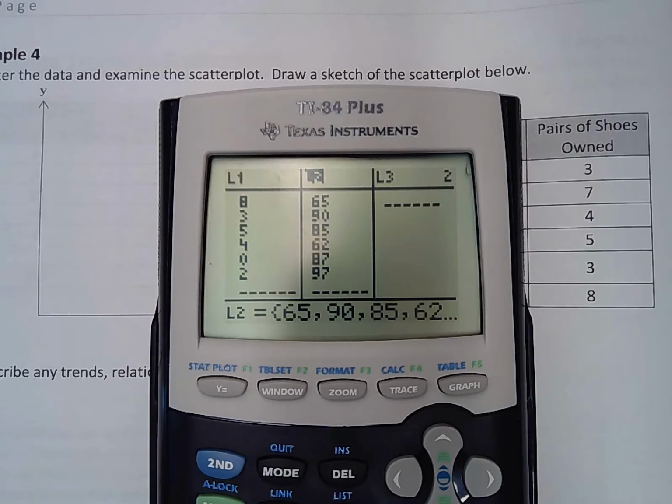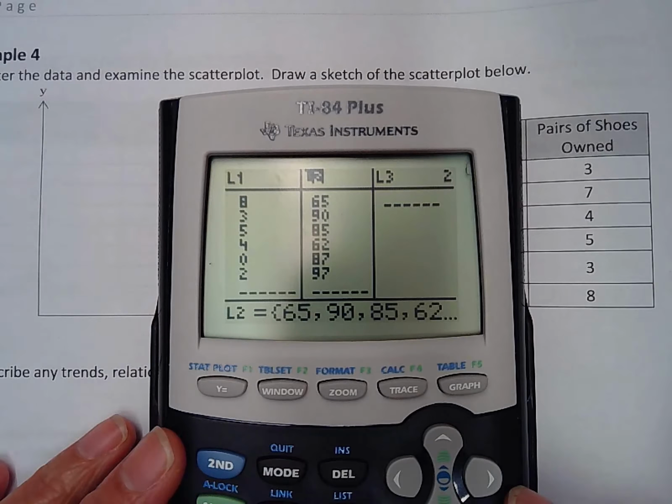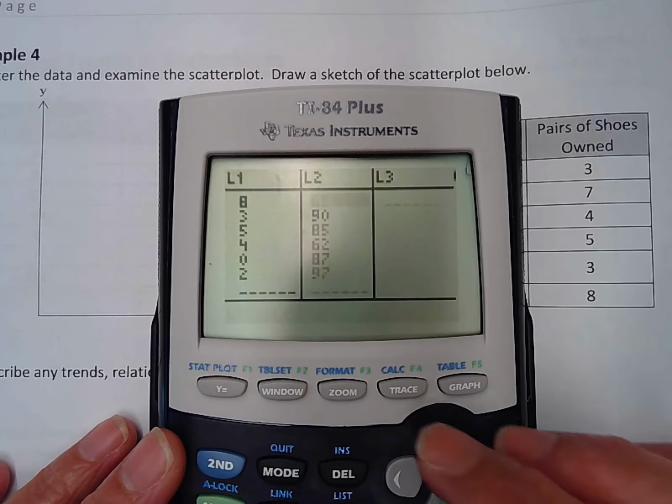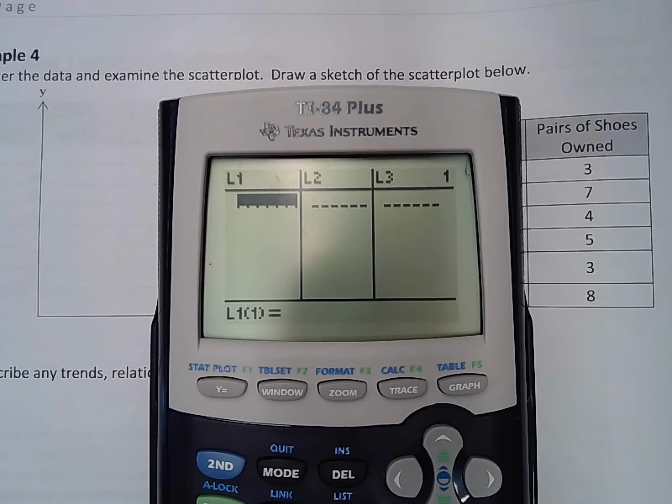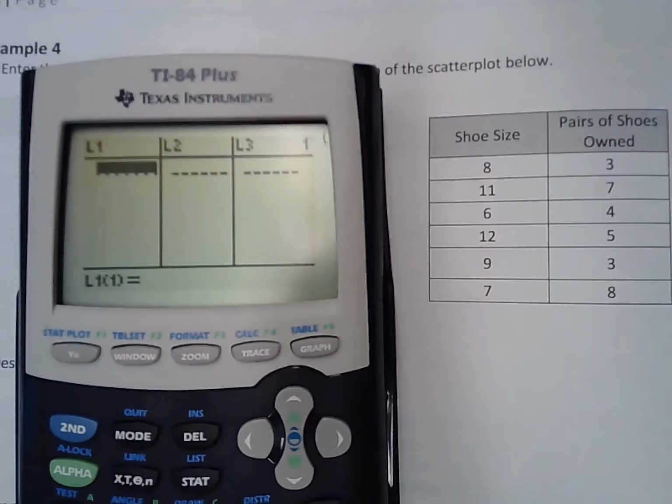Maybe next I can get you to look at this one because maybe people are forgetting. Okay, let's do the entering of the data. Enter the data first on L1 and L2.